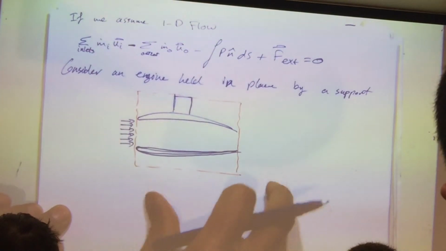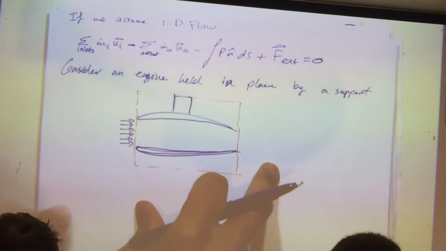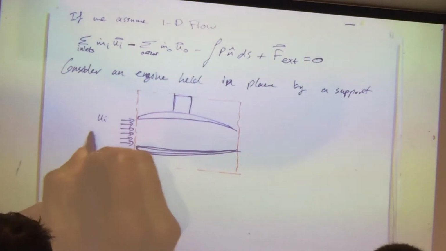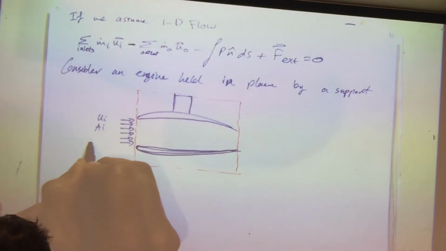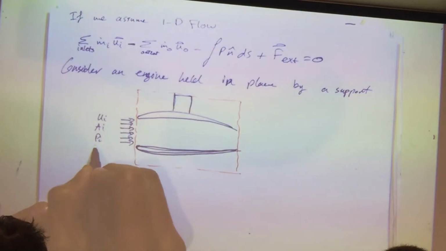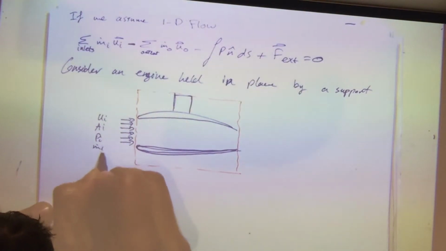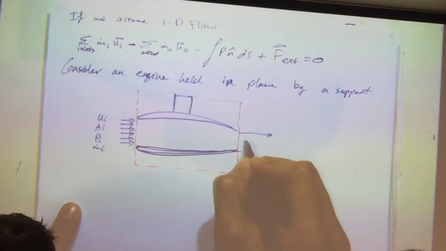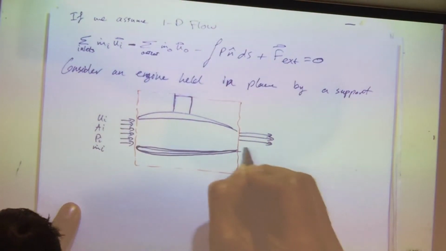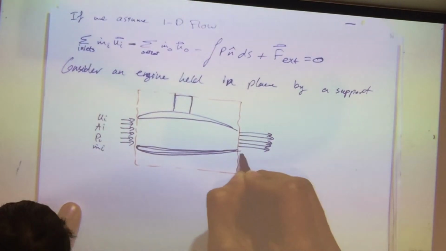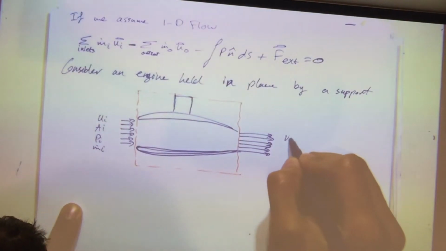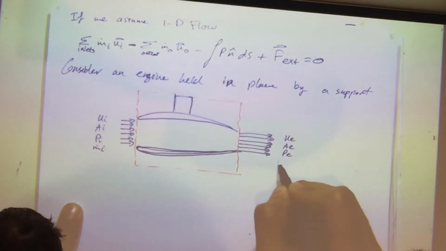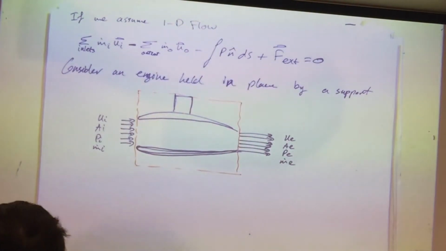You're gonna do one of the problems in the homework exactly like this. So inlet conditions, and I got some thrust being produced right here. U exit, A exit, E exit, and P exit.